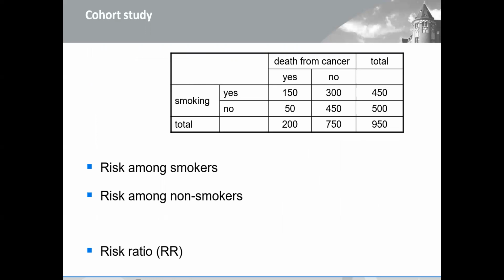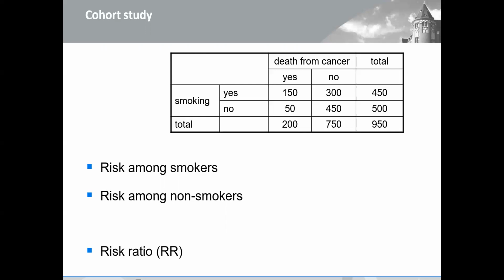For a cohort study, in terms of our measure of association, we use what we call a relative risk or a risk ratio. Remember, we want to see the difference between those who are exposed and those who are not exposed.